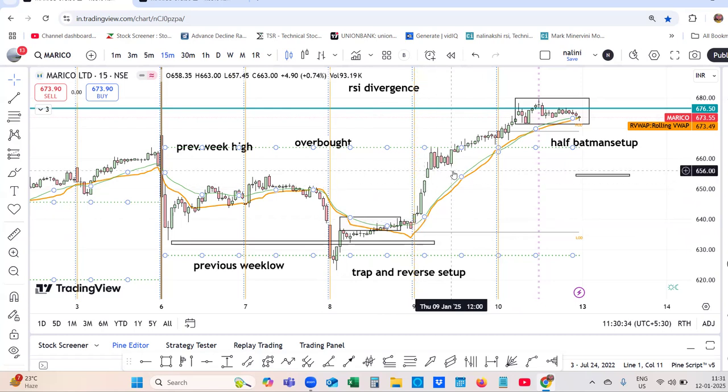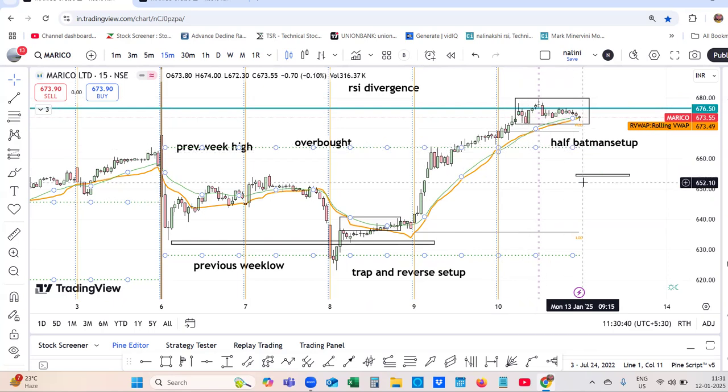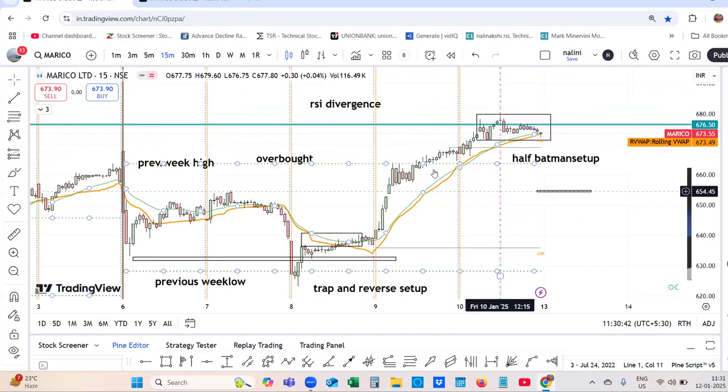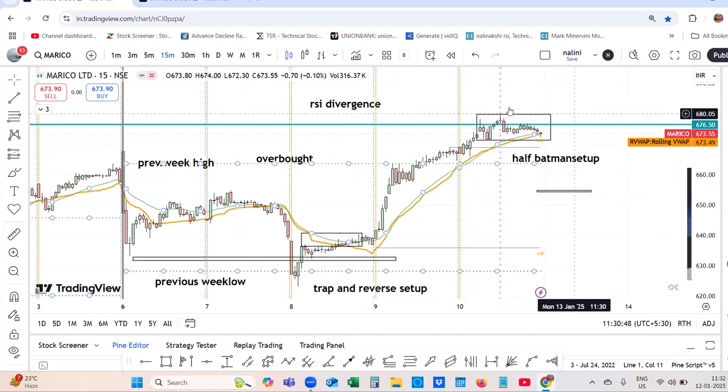Finally, what happened on Thursday was a parabolic up move which continued into Friday's up move. You can see the move staggering over here.